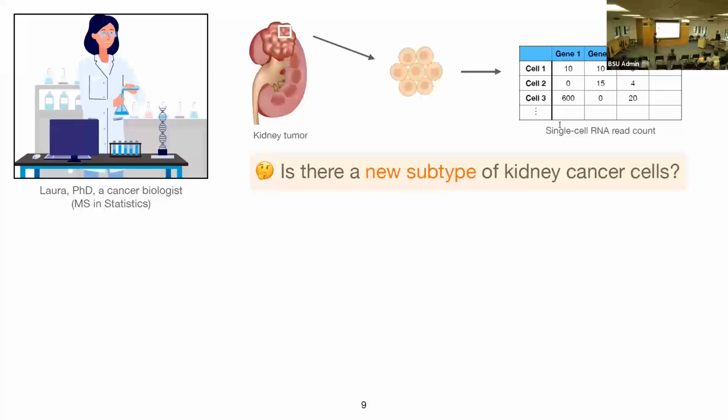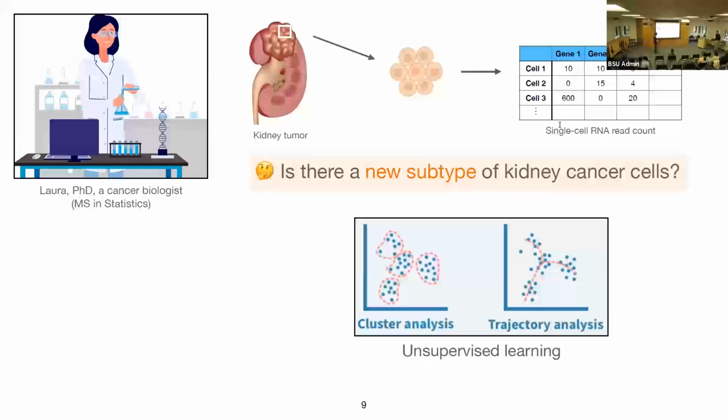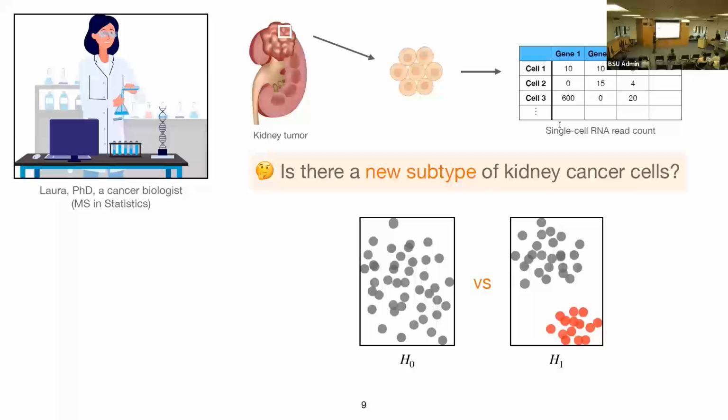Normally for single-cell mRNA sequencing data, people proceed with some unsupervised learning methods such as clustering and trajectory analysis, but these are not really formal ways to test this hypothesis. So Laura wants to formalize this question as a statistical test. The null hypothesis would be that all the cells in her sample come from a distribution that is unimodal.